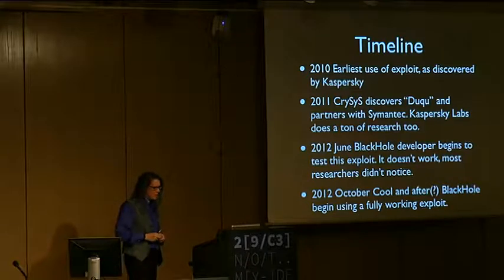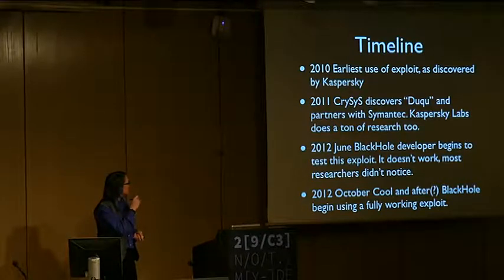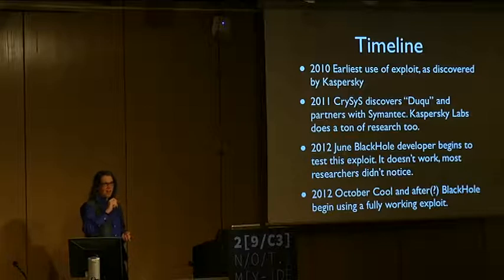Most of the slides I wanted to stick in here were going to be up at the front, because that's other background on the stuff. But basically the only difference between the version of the exploit that was being used by Black Hole and Cool and stuff like that, and the one that was used in the Duqu attack was that the shellcode was different.